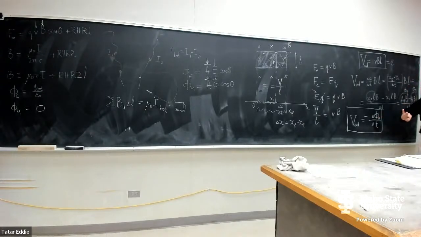And it can be shown that this equation is valid for any shape of conductor in relative motion to any magnetic field. So this is the beauty of the Maxwell equation written in this form. It is valid for arbitrary shapes and arbitrary magnetic fields.